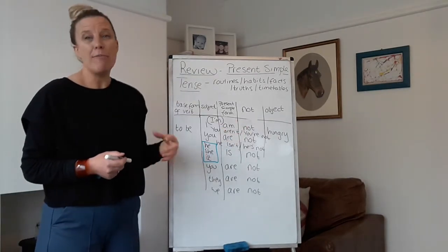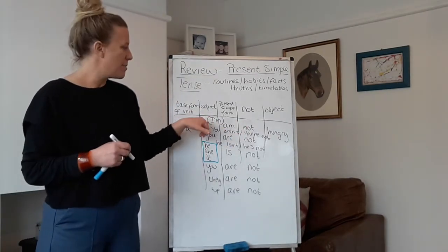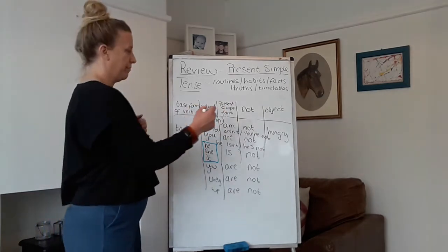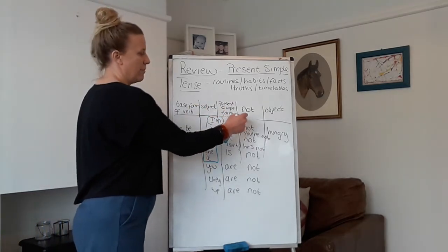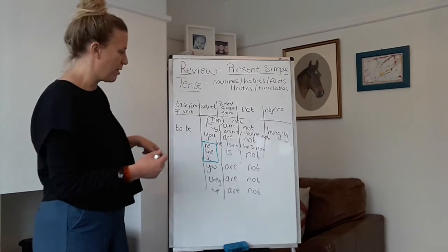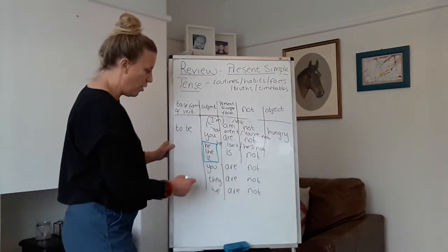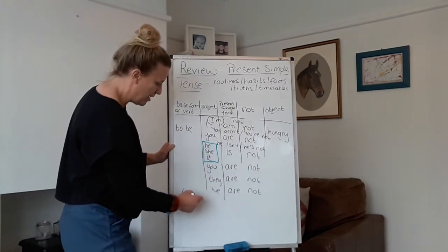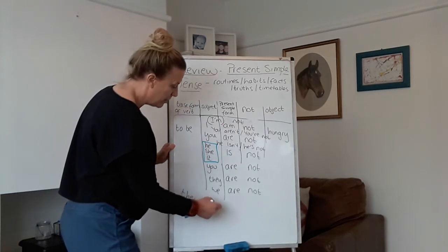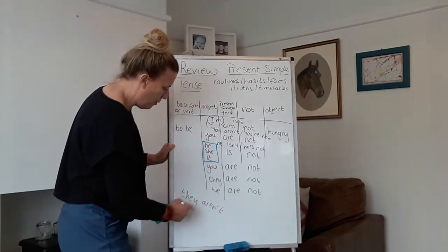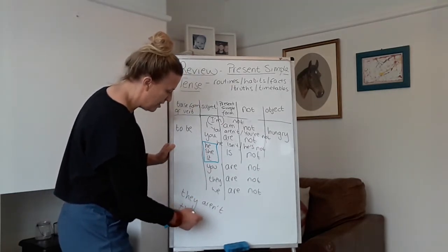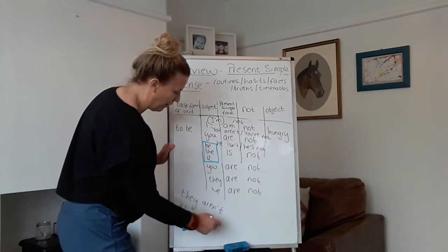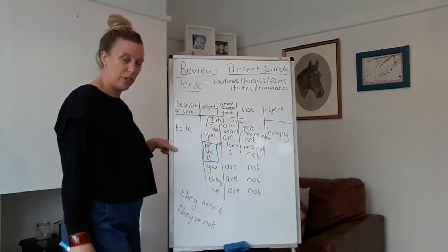It's only I am not that has to be done as I'm not. We don't do it in any other way. But the others we can all change. So they are not can be they aren't, or they're not hungry. They aren't hungry, they're not hungry.